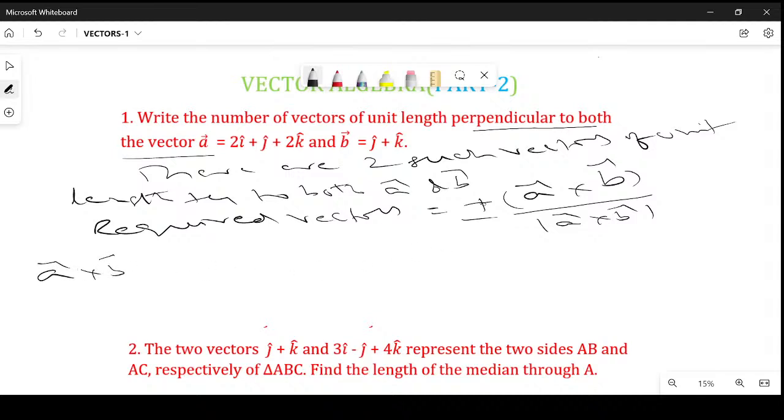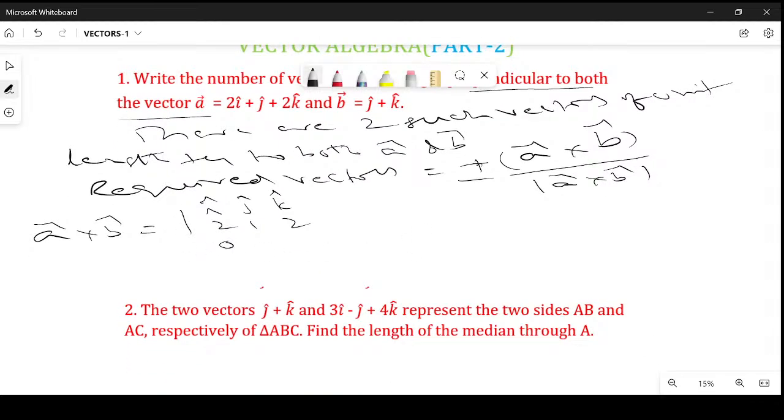If you find a bar cross b bar, using i cap, j cap, k cap, we know they are given here 2, 1, 2 and 0, 1, 1.